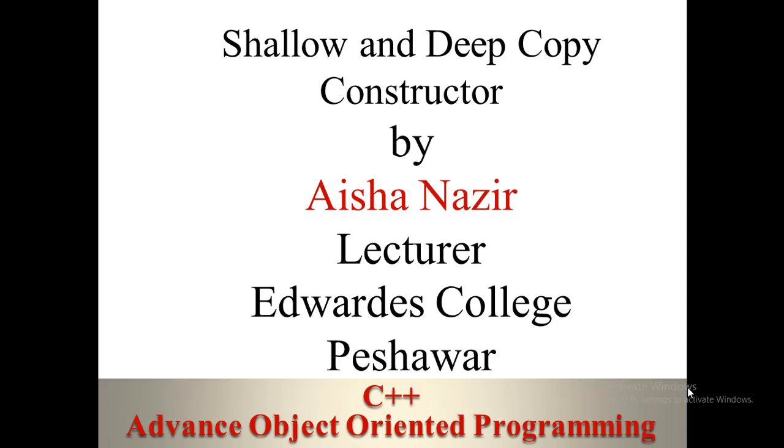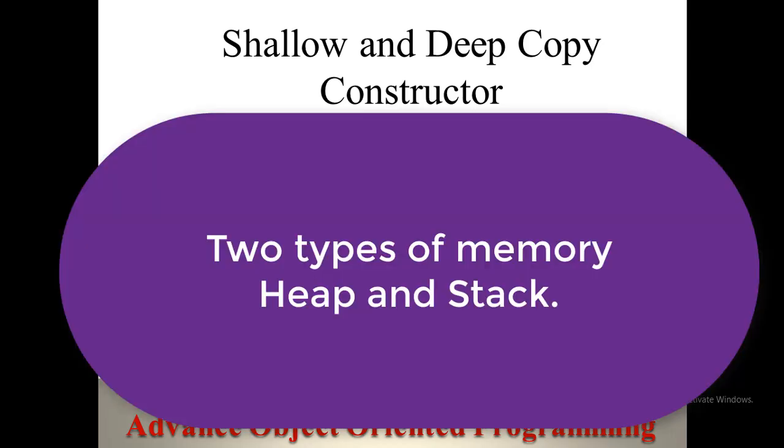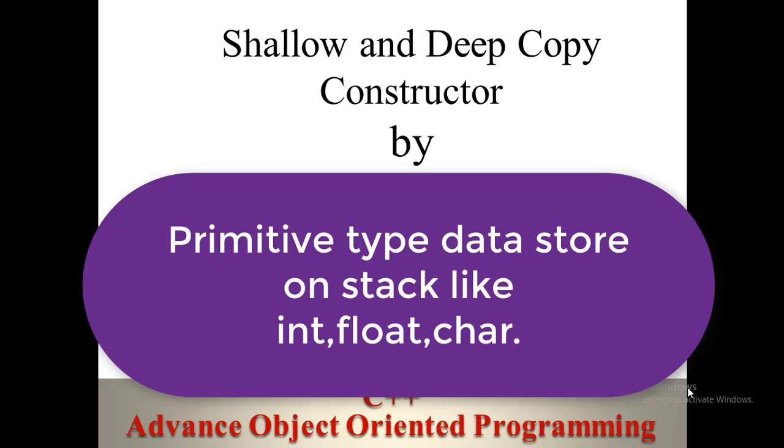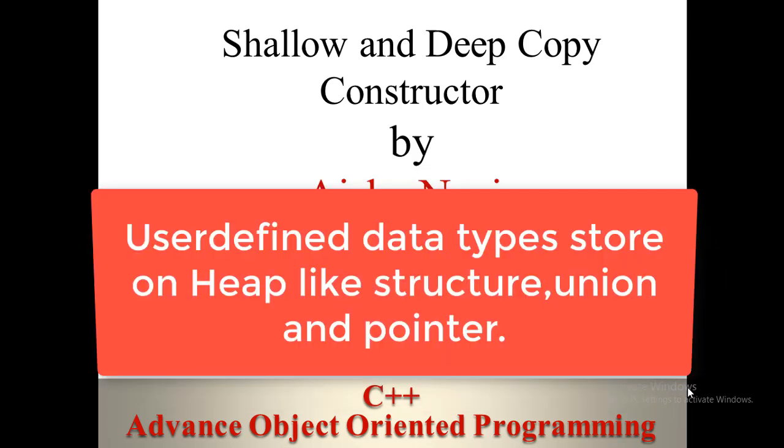As we have discussed earlier, there are two types of memory. The first one is stack and the second one is heap. All the primitive type data is stored on the stack, like integer and float. When we have to deal with other data types that occupy more space in memory, then we have to use the heap memory location.